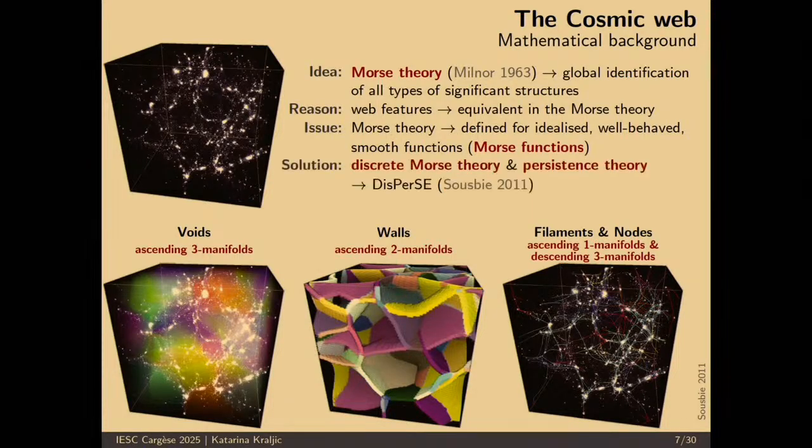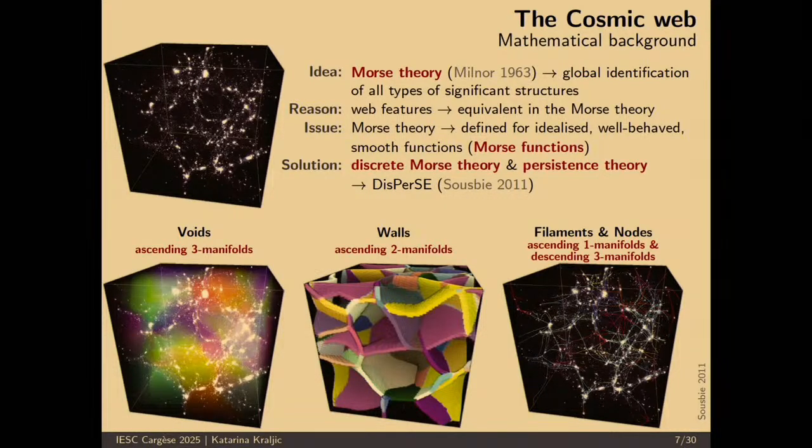The thing is that Morse theory applies to well-behaved and nicely defined functions, so typically continuous, twice differentiable, nothing like our real data, okay? Think about the galaxy catalog: it is discrete, there is a lot of noise, and so forth.